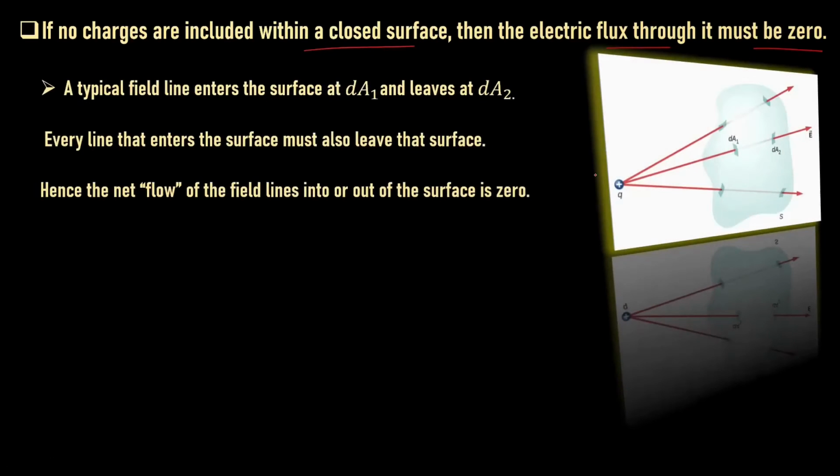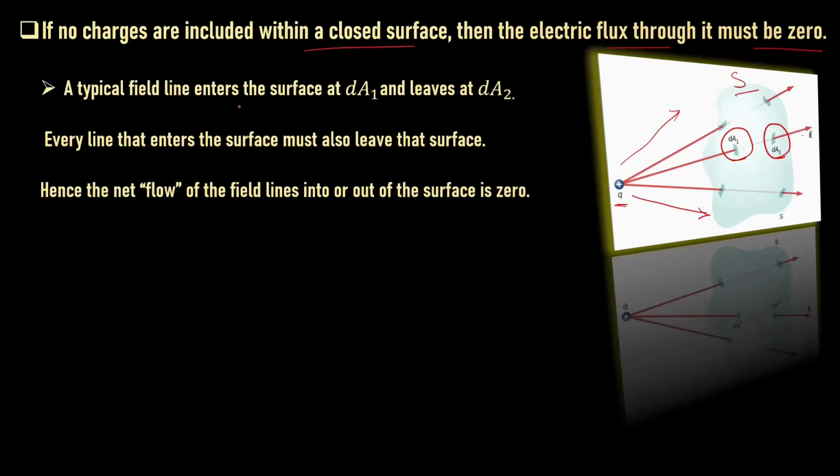Here, a plus q charge is situated in a space and we have a closed surface at some distance from it. The source charge q will emit its own field lines in the space, and they will cross the given surface. Whatever field lines cross the given surface at area element dA1 pass out from dA2 also.